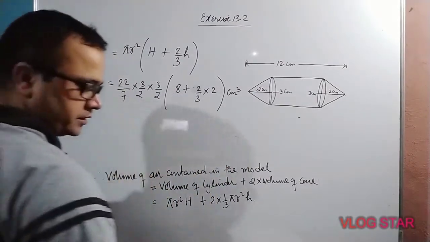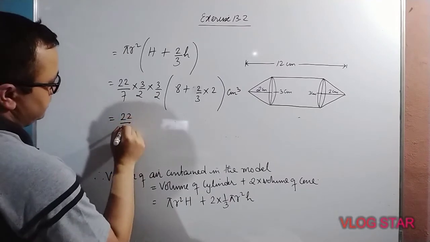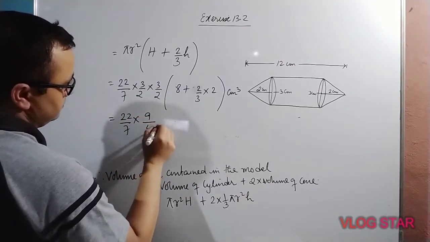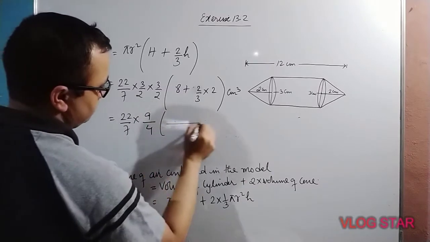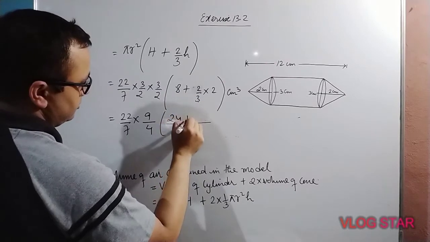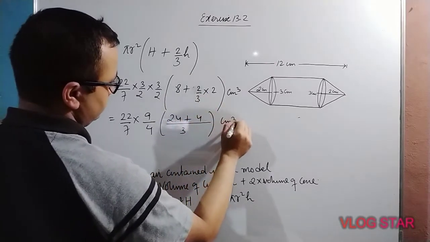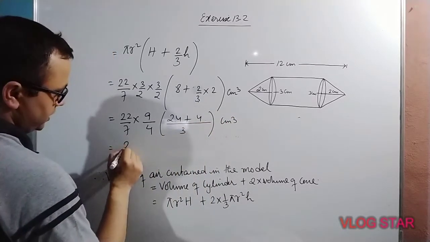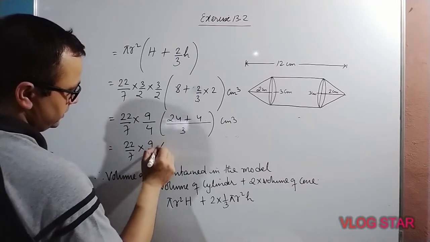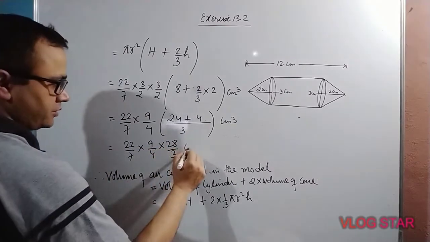Now simplify: 22 upon 7 into 9 by 4. Taking LCM, 3 8s are 24 plus 4, into 28 by 3, centimeter cube.